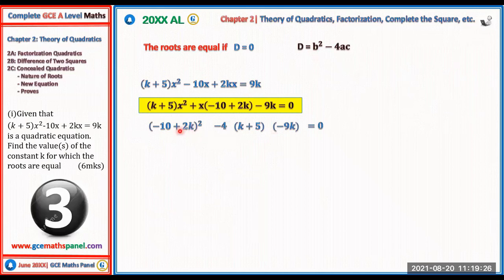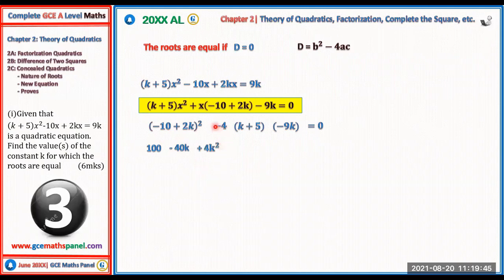At this point, you can expand and simplify. Expanding this one, you have 100 minus 10 times 2k is minus 20k, minus 20k again, plus 2k squared times 2 gives us 4k squared.